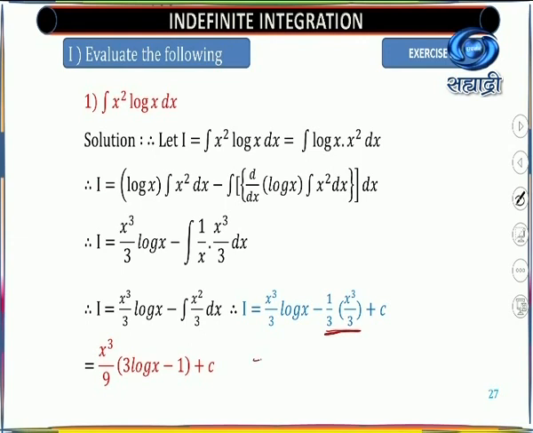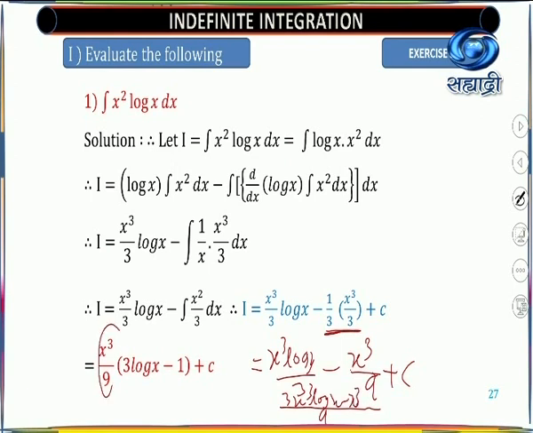That is from here itself: x cube log x upon 3 minus x cube upon 9 plus constant of integration. If you want 9 as the LCM, I will write 9 here. It becomes 3x cube log x minus x cube, and I am able to take x cube upon 9 common, and 3 log x minus 1 plus constant.